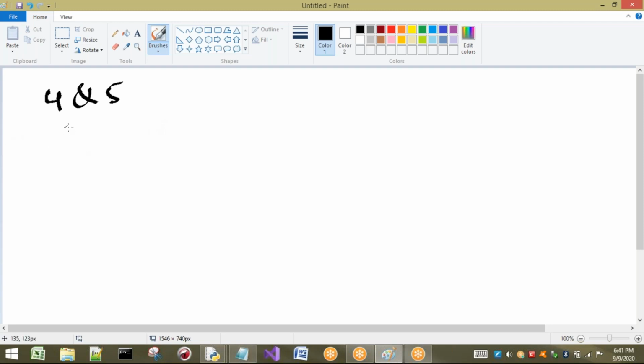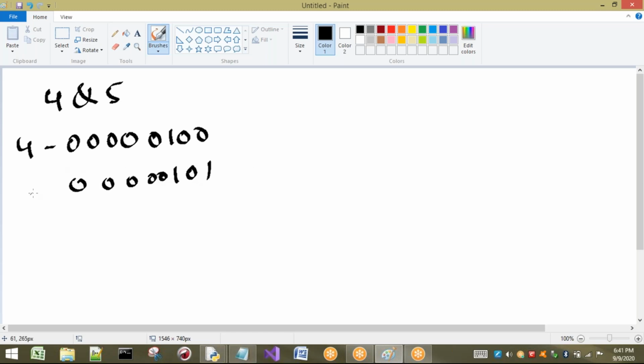So there is no need to take a particular number of bits. I will take, for example, 8 bits. What is the value of 4? I will write 100. The value of this one is 4. And the value of 5 is 101. Let us take 8 bits here for example. You can take 3 also, no problem.